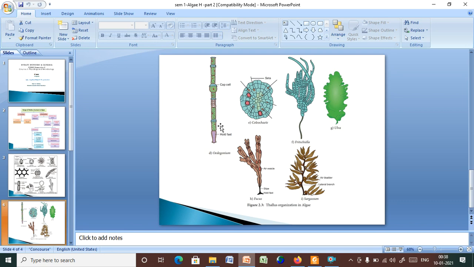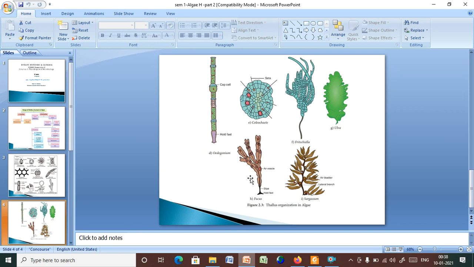Globule for male and nucule for female. Then Fucus, then Laminaria. This is the structure of Fucus. Fucus and Laminaria, these are all members of Phaeophyceae.